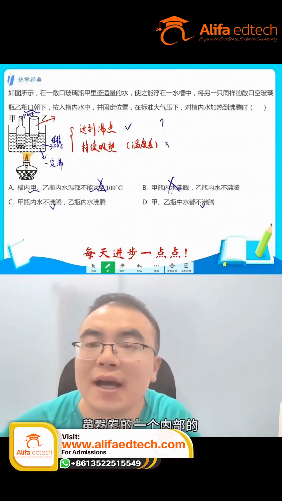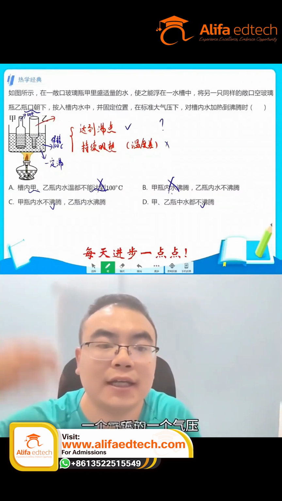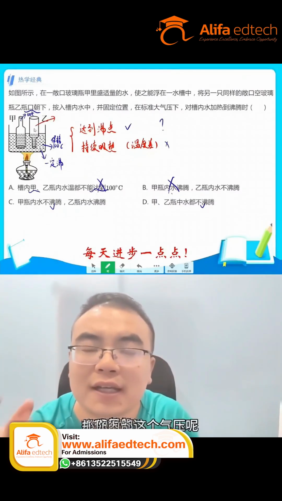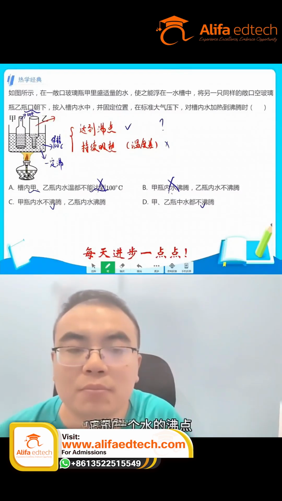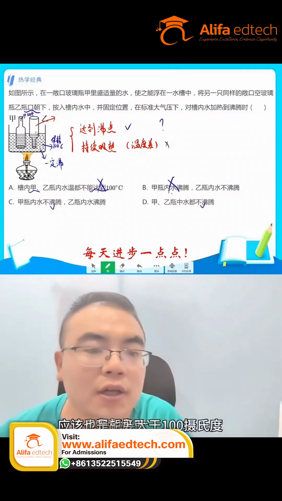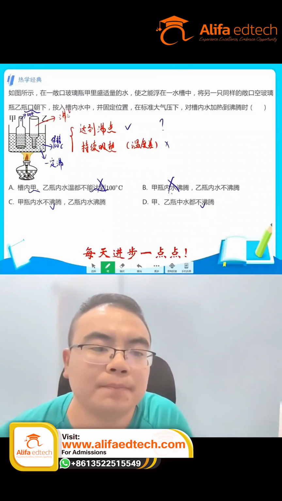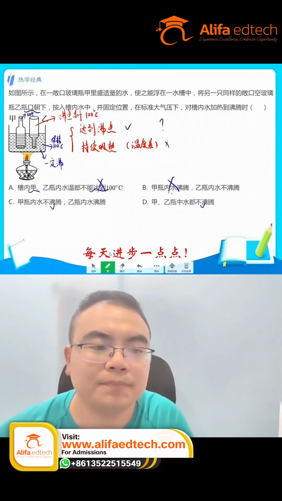So the internal gas pressure will increase, meaning it will be greater than atmospheric pressure. If the internal pressure is greater than atmospheric pressure, then the boiling point of the water should also be higher than 100 degrees Celsius.